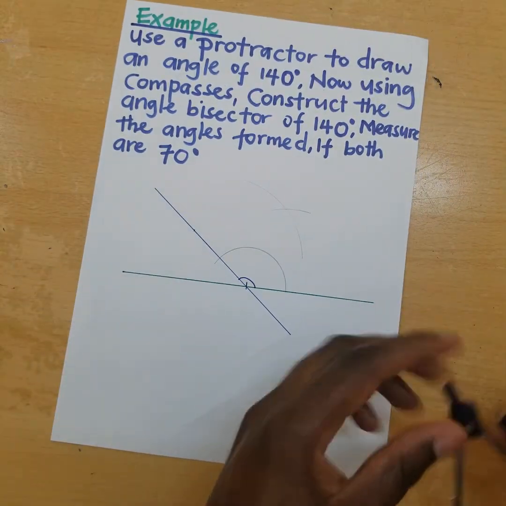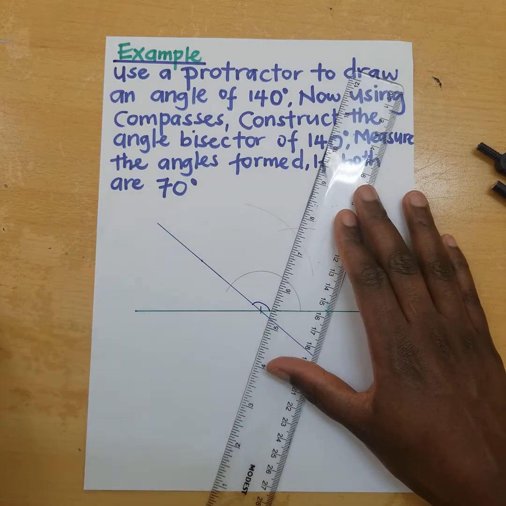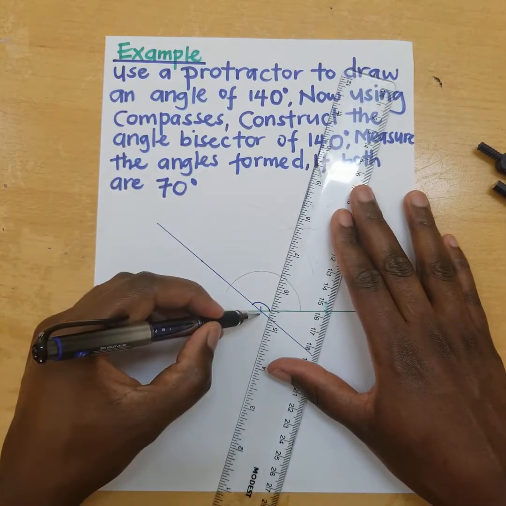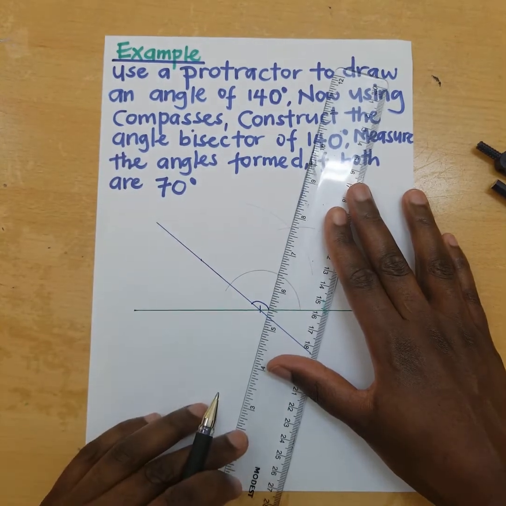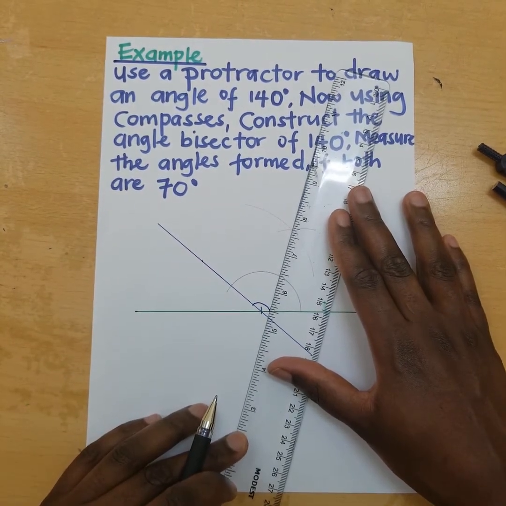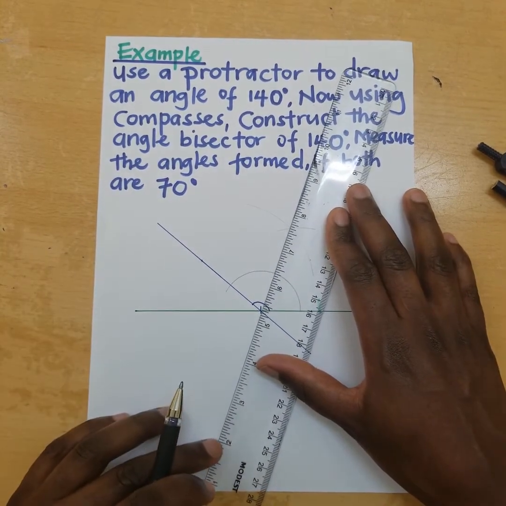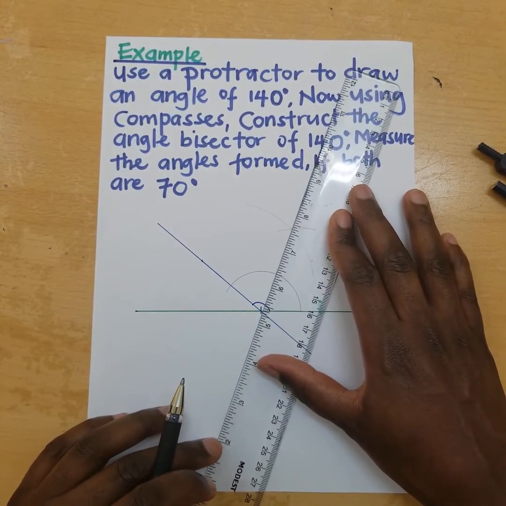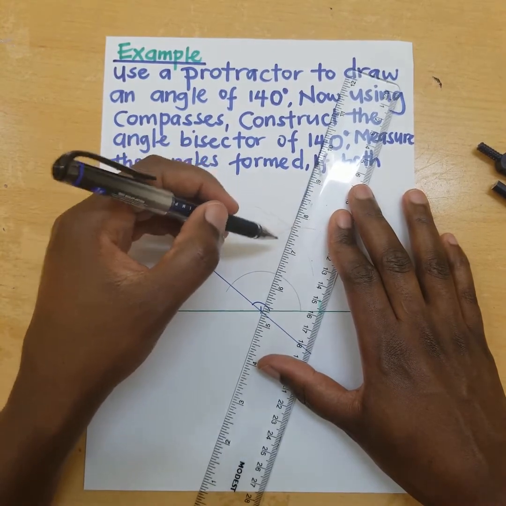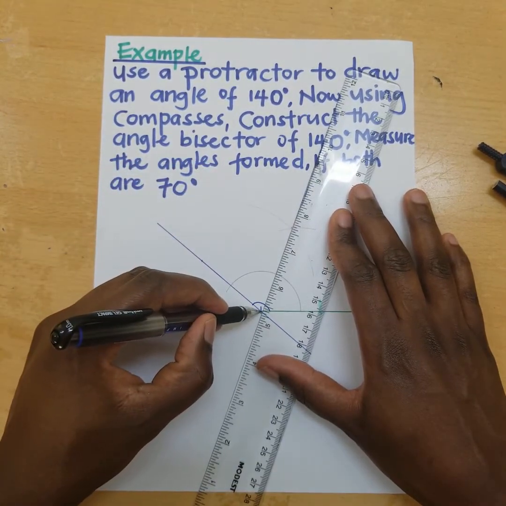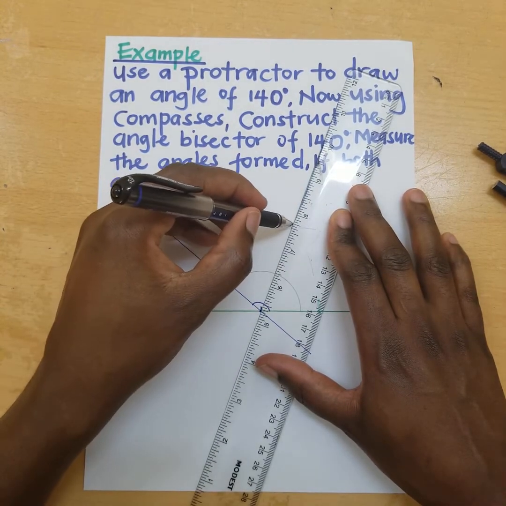Okay, now join this point and that point, your center and the center of the two arcs. Sorry, should be here, like this. Is it through? Yes. What about here? Not yet. Yes and yes.